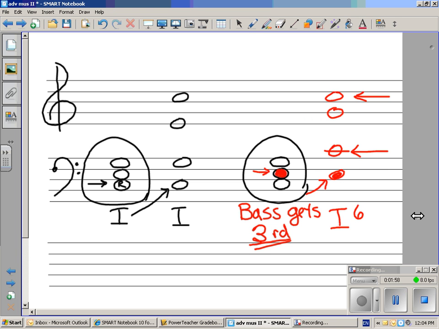tenor. This is on page number, I'm going to have to skip a little bit, page 180. The first line on page 180 tells you that when you write a triad in first inversion, the common doubling is to double the soprano.